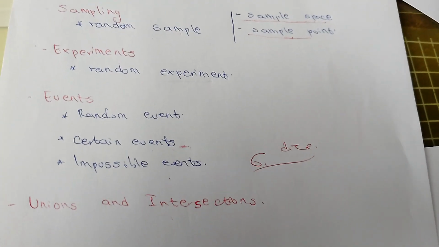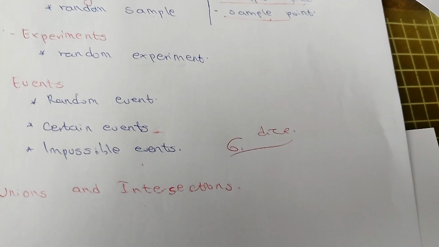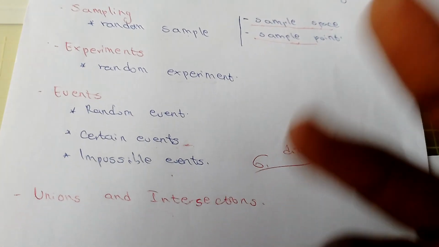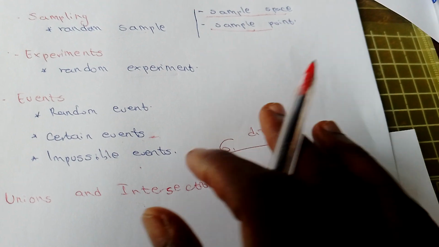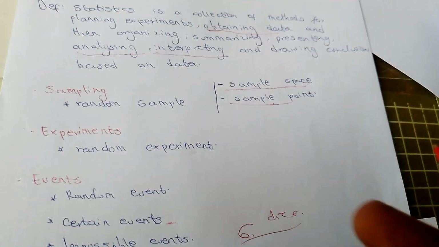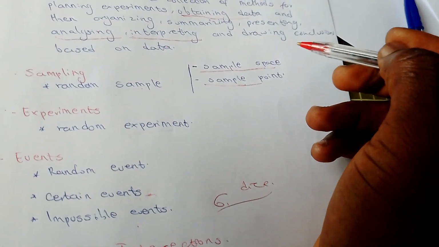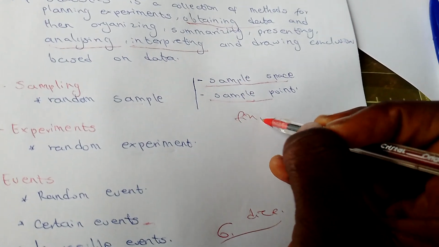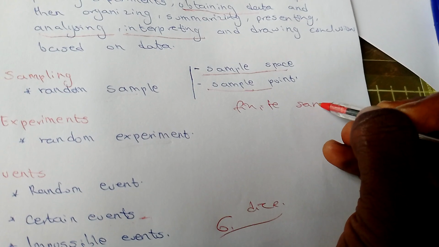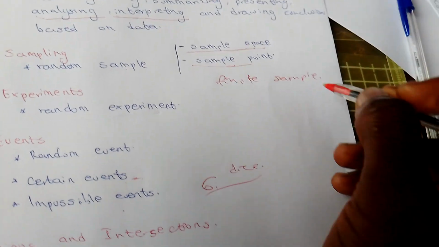So that's just a brief overview of what we're doing in probabilities and in statistics, the general explanation. That's just it. And then when you come to it, I think there are some terms he also mentioned in his slides. He mentioned things like finite samples.